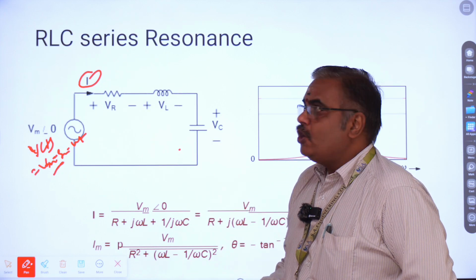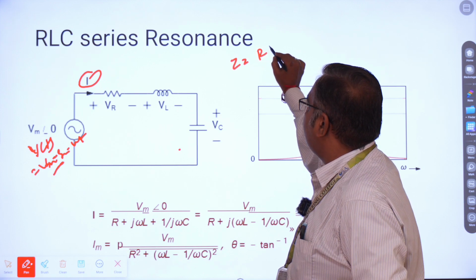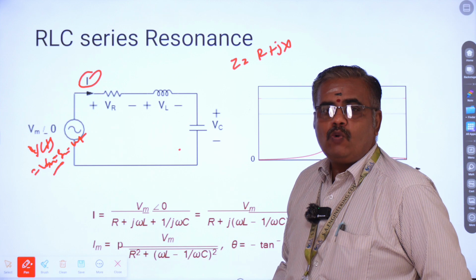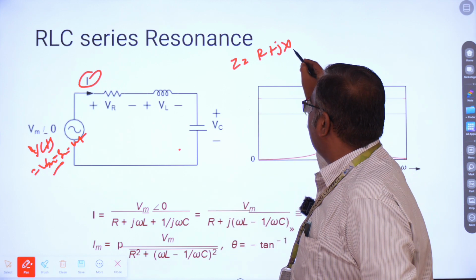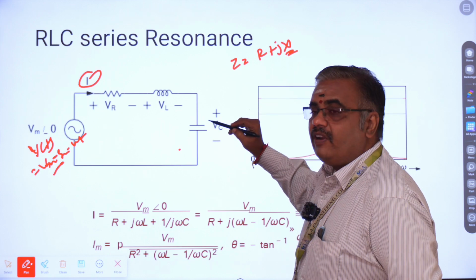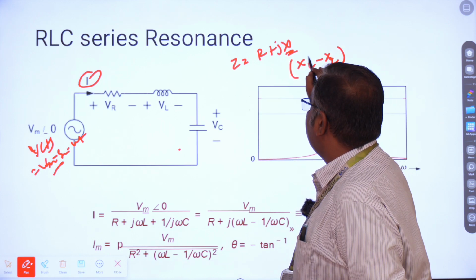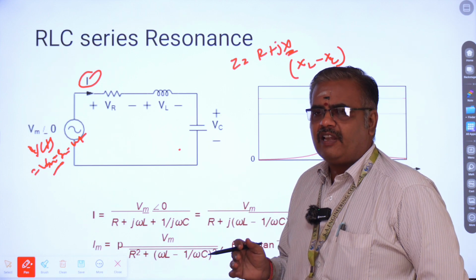So what is that? It is well known to us that impedance is nothing but R plus jX, the resultant of resistance and reactance, where X is the reactance value and X is equal to XL minus XC. XL is the inductive reactance and XC is the capacitive reactance.